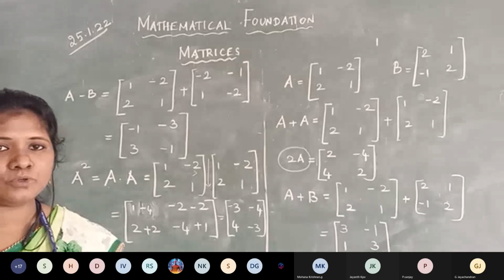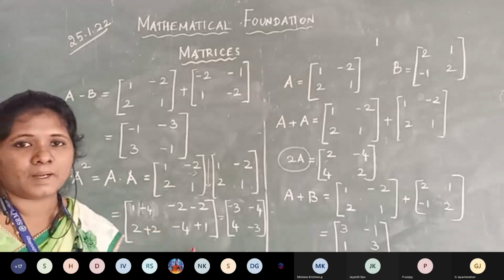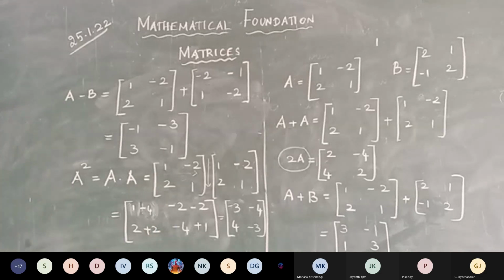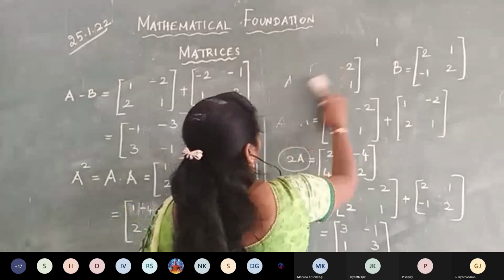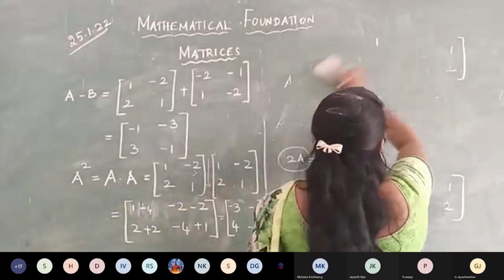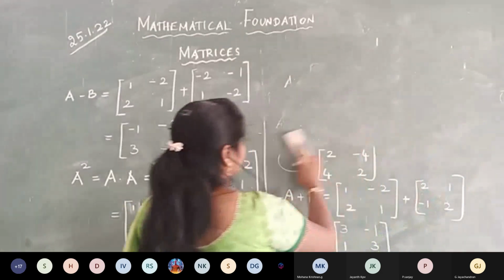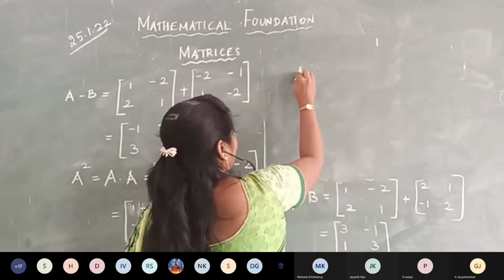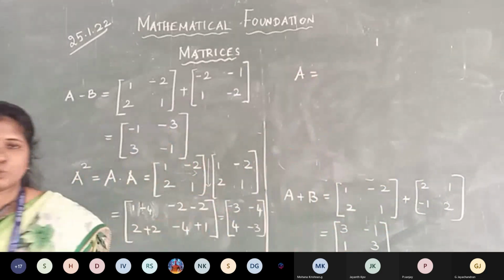How you have to add, how you have to subtract, how you have to multiply. I will give you a 3 cross 3 matrix and you will find out your a square. Okay.